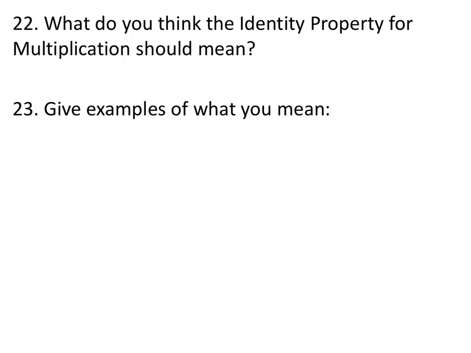All right, take a moment and figure out what you think the identity property for multiplication should mean, and then give some examples. Again, it's very much related to addition, but we'll probably be using a different number.